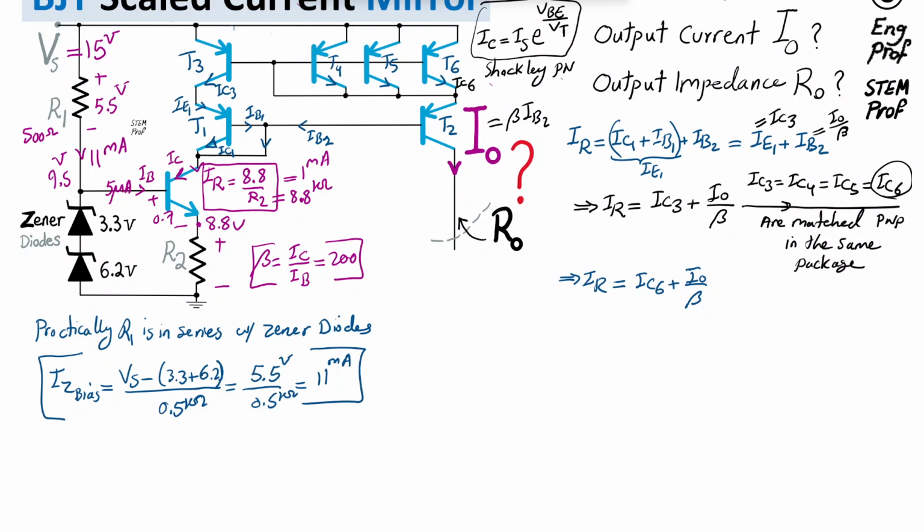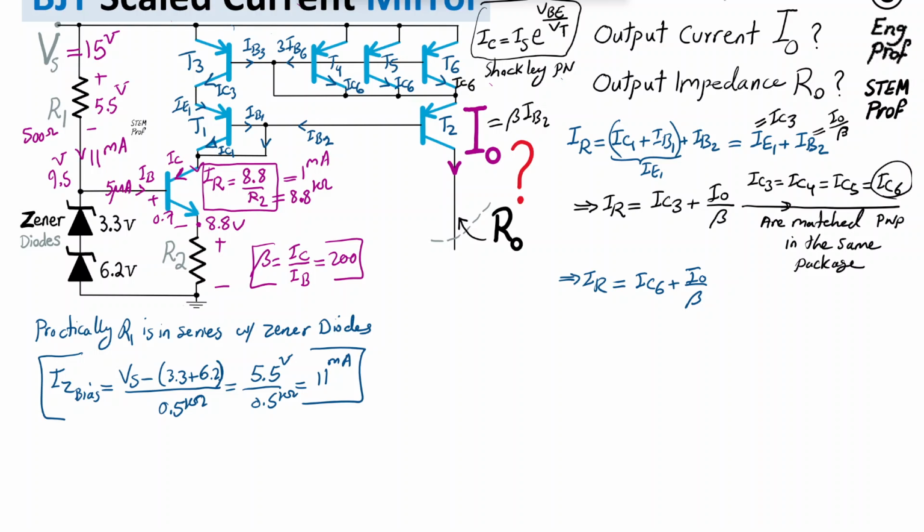Take a look at what's happening. We have 3 copies of IC6, because of the Shockley PN junction equation and the fact that these transistors mirror the reference transistor T3. Plus we have base currents: I base 3 and 3 copies of I base 6. But I base 3 is also a copy of I base 6, so basically here we have 4 copies.